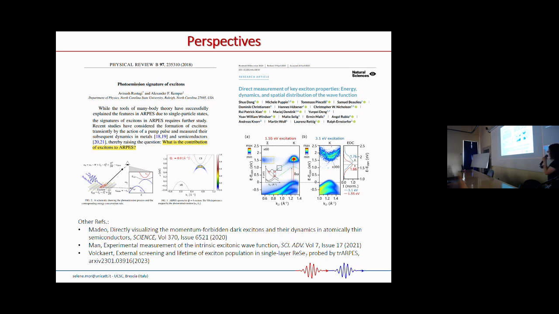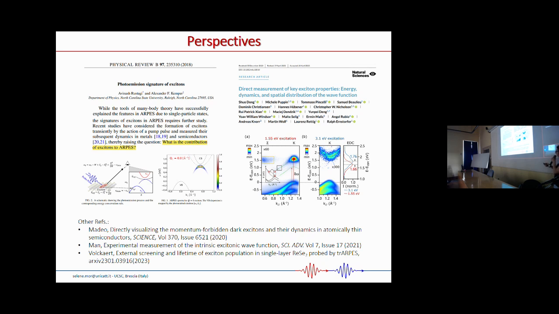After this work by Kemper and his group, the idea is that the photoemission signature of an exciton should have some memory of the holes which the electron is bound to. There is now quite a decent number of works in photoemission, which you can refer to, where they were trying to get this signature out of the spectrum, disentangling it from the signature of the upper conduction band, for instance.